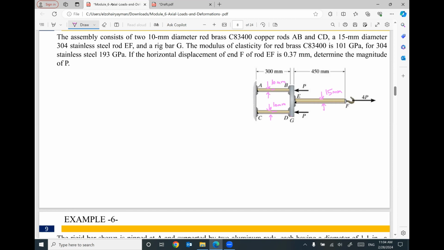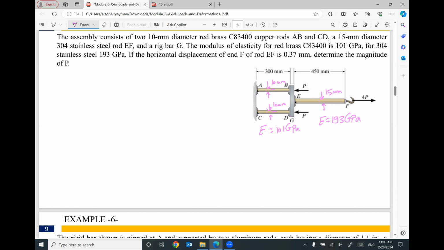The modulus of elasticity for the red brass equals 101 gigapascal, and the modulus of elasticity for the stainless steel equals 193 gigapascal. So we have two materials. This material is brass, the red brass copper rod, and this one is stainless steel.